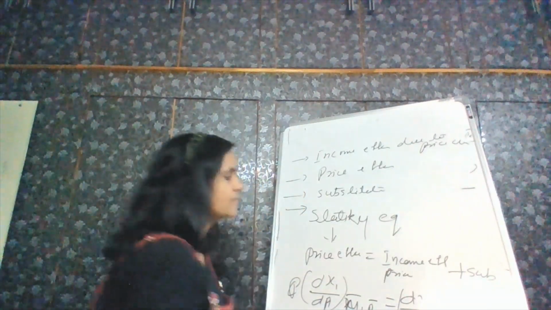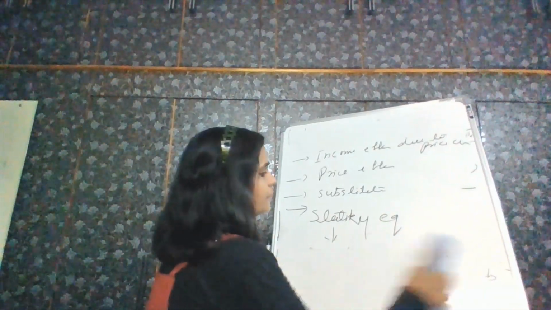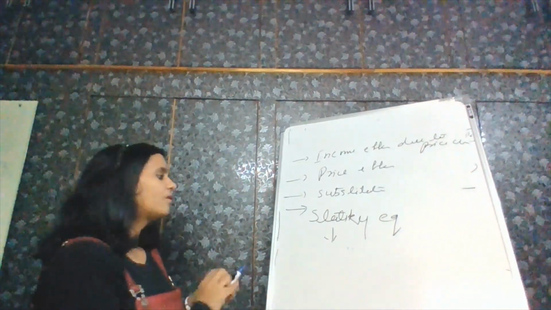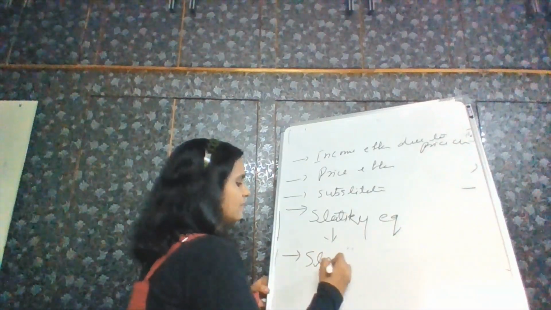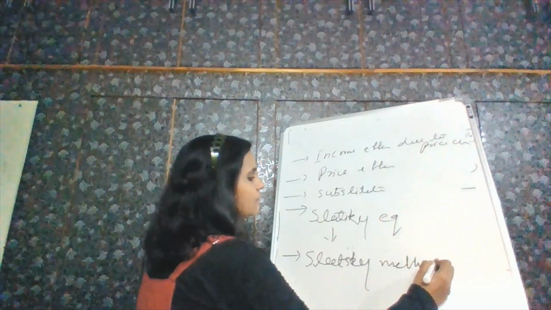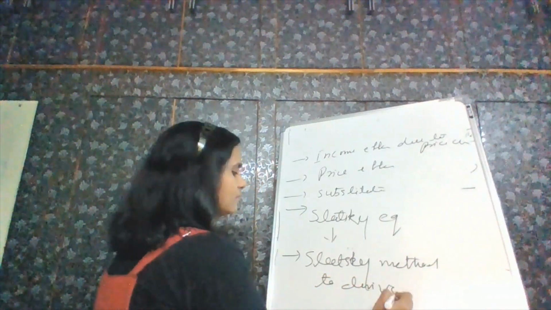So that's your Slutsky theorem. We saw how to prove this theorem. And now we also saw the Slutsky method to derive the compensated demand curve.